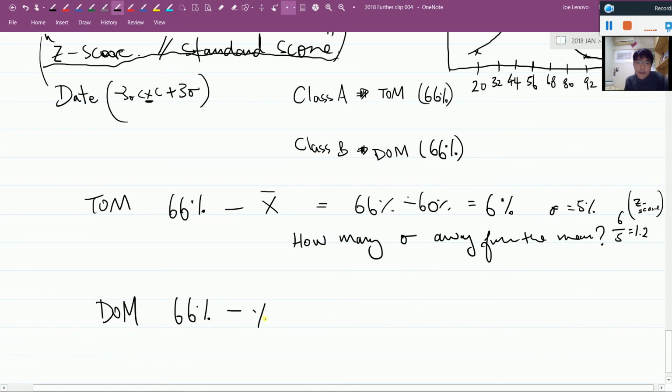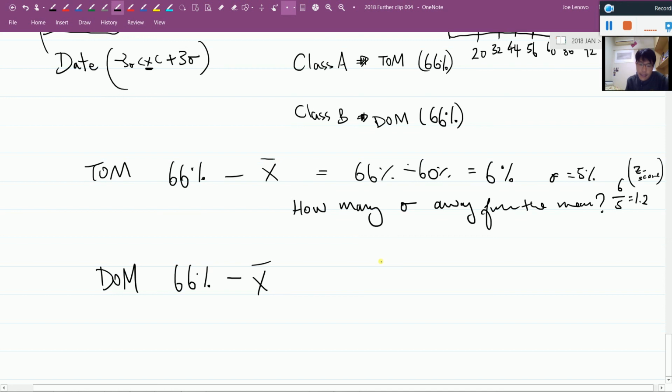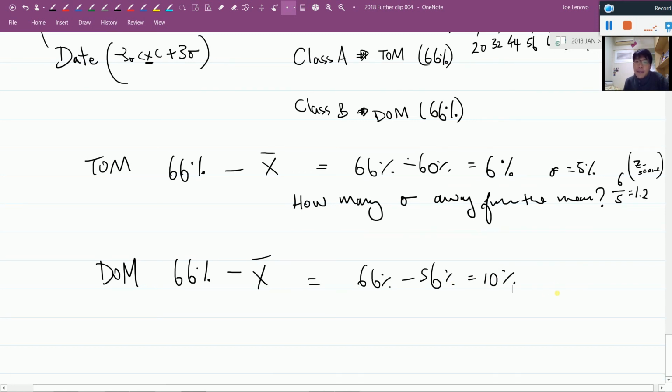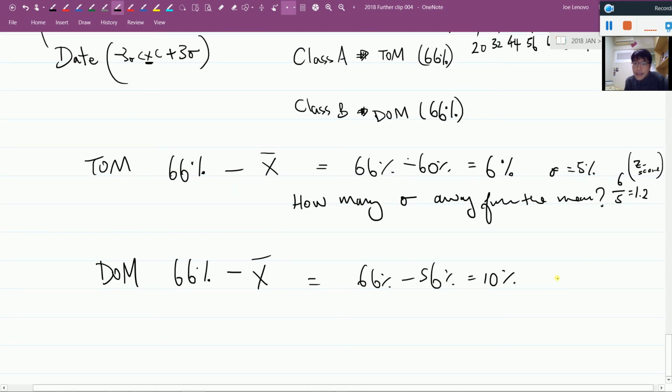Then the mean for the second class is 56. And it equals 66% take away 56, and we've got 10%. And how many standard deviations away from the mean? The standard deviation equals 12%. Then what is the set score?